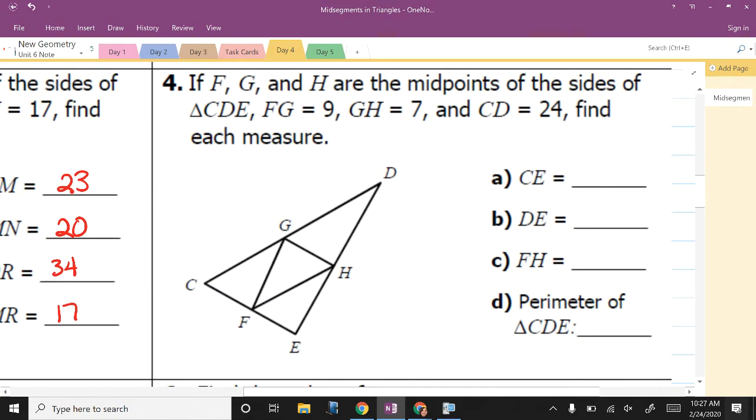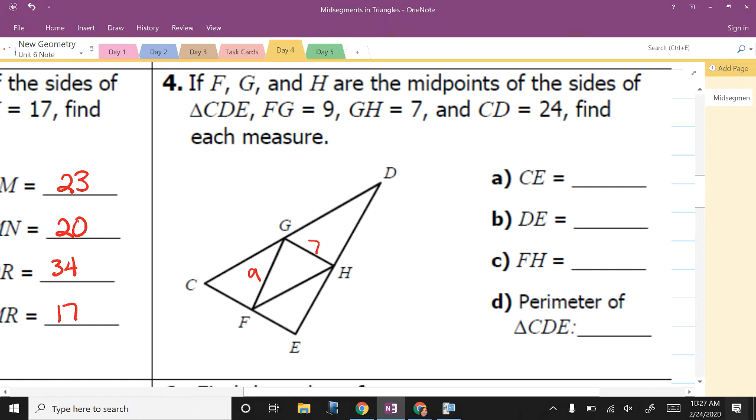Number 4, similar problem. First thing I'm going to do on number 4 is fill in the measures that they tell me. So it tells me that they're all midpoints. It tells me FG is 9. GH is 7.